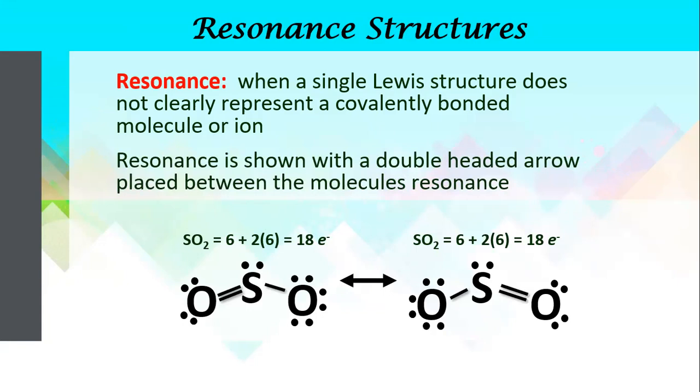This is an example of resonance structures, which is indicated by a double-headed arrow. In this example, we have two completely equivalent Lewis structures of sulfur dioxide, SO2. Experiment shows that both bonds in sulfur dioxide are equivalent.